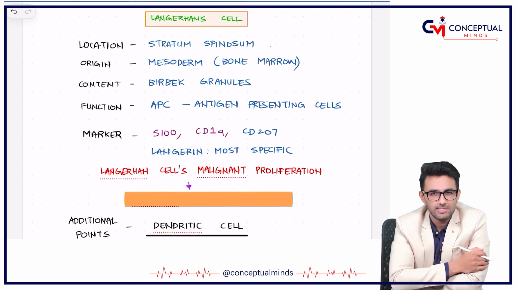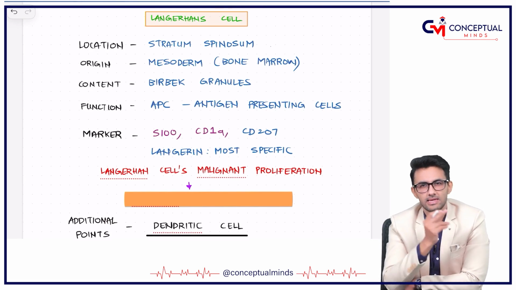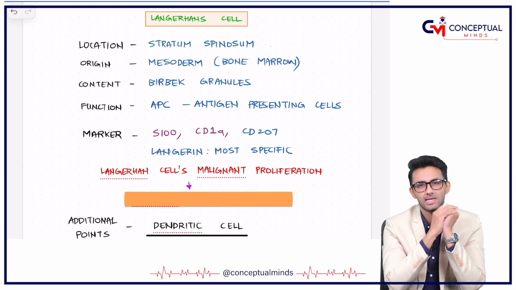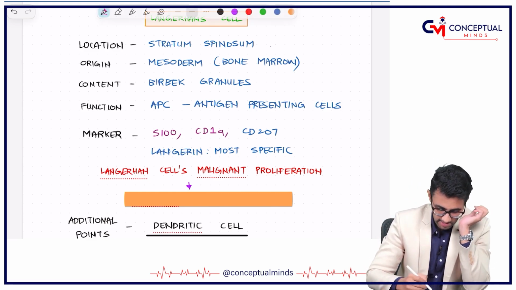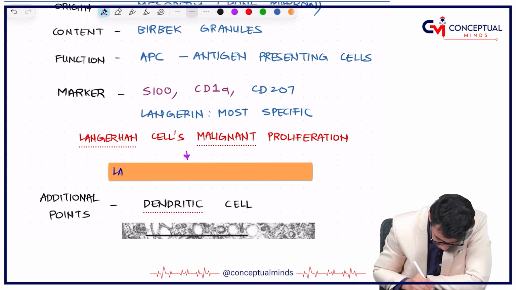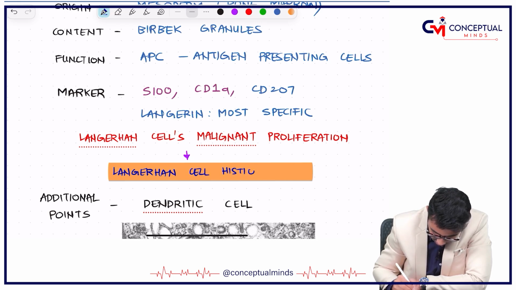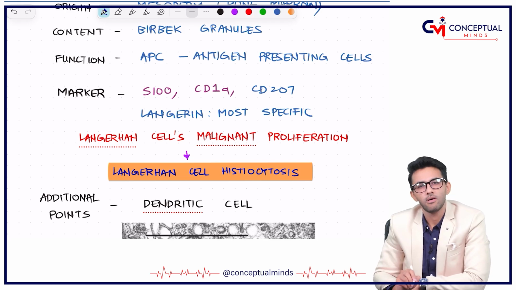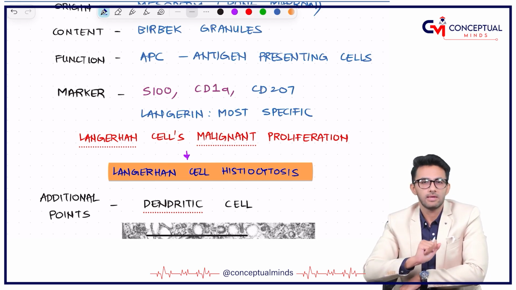If there is malignancy in the Langerhans cells, it can cause Langerhans cell histiocytosis. Let us write that down. Langerhans cell histiocytosis. So this is a malignant condition of the Langerhans cells.